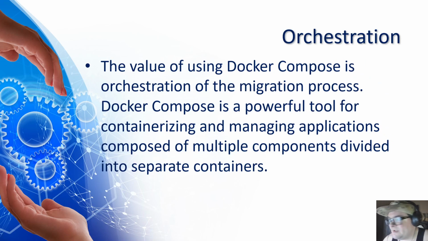The value of using Docker Compose in terms of orchestration is for the migration process. Docker Compose is a powerful tool for containerizing and managing applications composed of multiple components divided into separate containers. Each piece is kind of put into its own container. They're moved separately and then reconnected later.